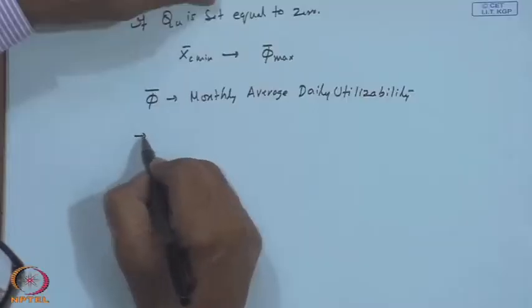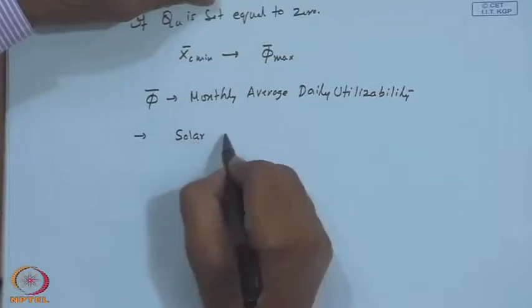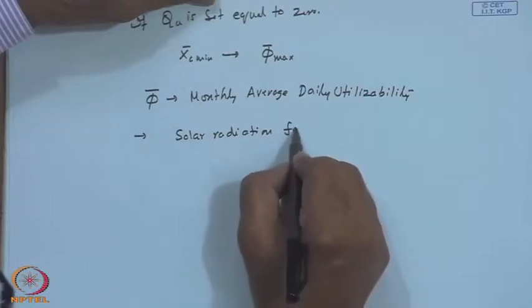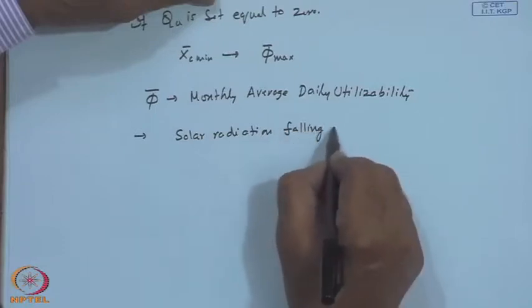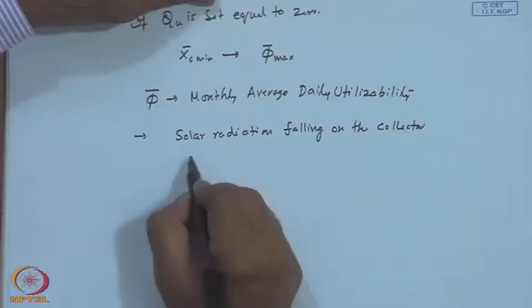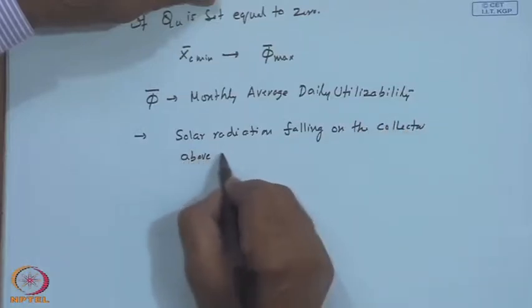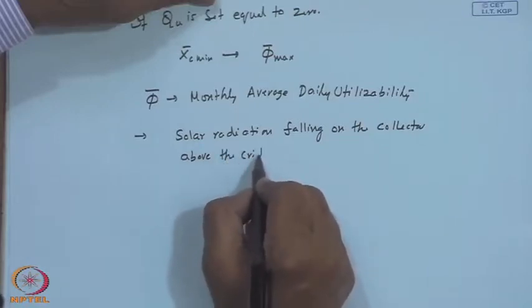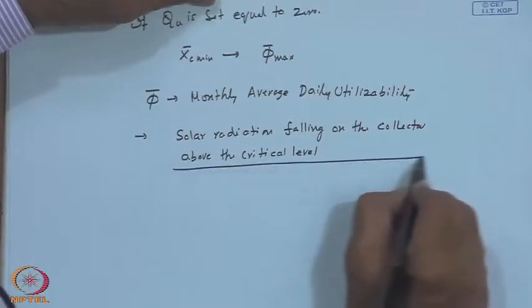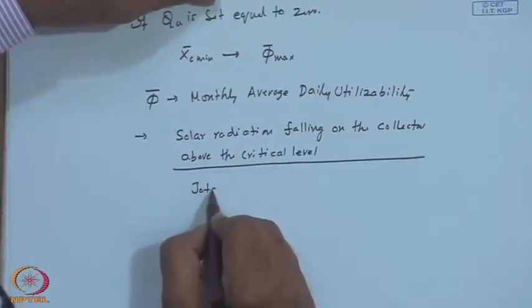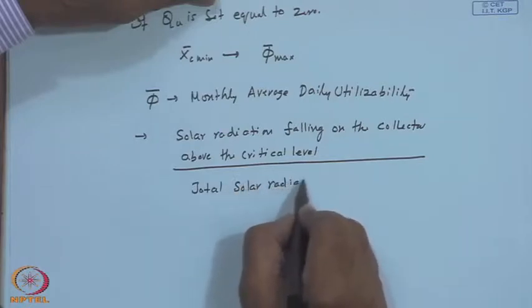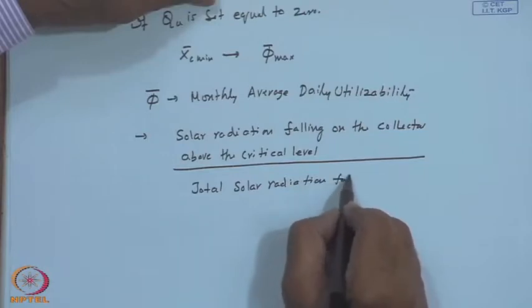This is nothing but solar radiation falling on the collector above the critical level to the total solar radiation falling on the collector.